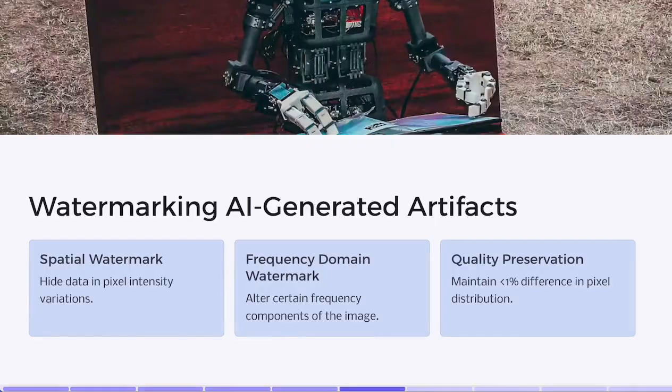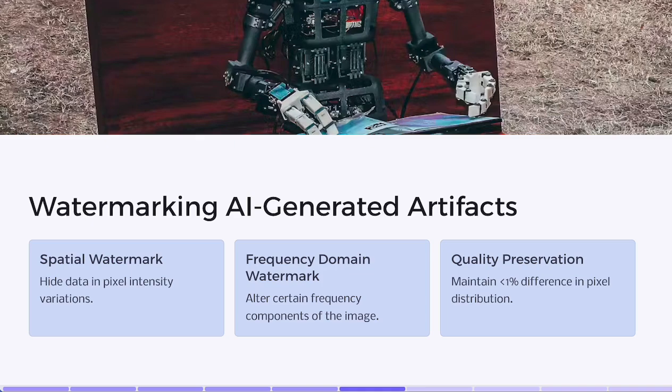When your AI system produces output, say an image generated by a GAN, you can embed subtle patterns into pixel values. Now, this watermark is invisible to the naked eye but can be detected by a scanning tool. Methods include spatial watermarks, which hide data in pixel intensity variations, or frequency domain watermarks, which alter certain frequency components of the image.